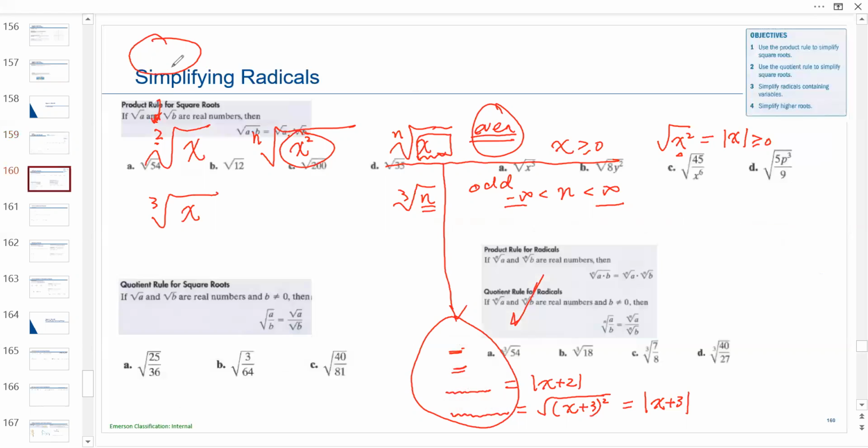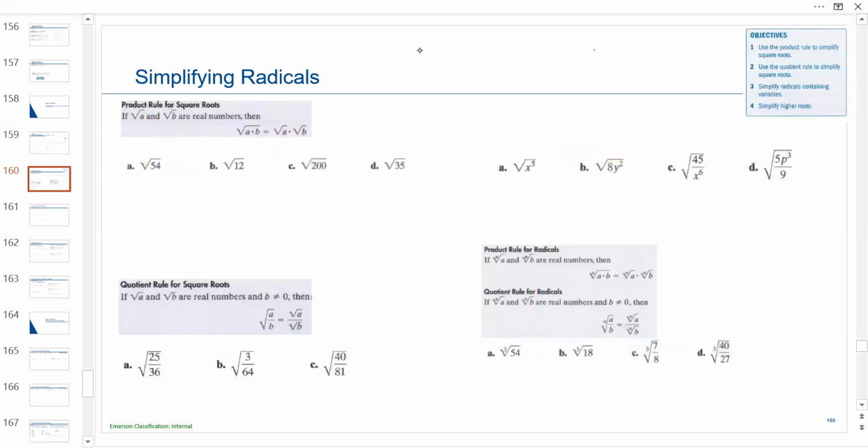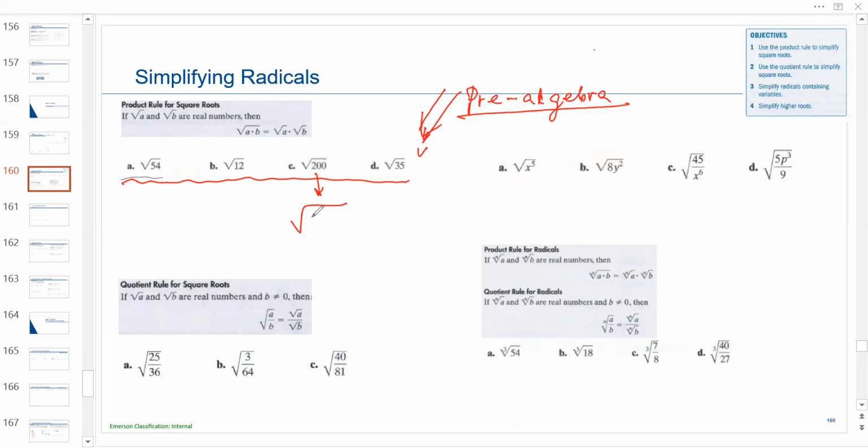After that, we move to simplifying, when they have different kinds of formats. When they are numbers, it is easy for you, because you learned it in pre-algebra. You should quickly know that this is 100 times 2, so for the square root, this 100 can be taken out to simplify it.